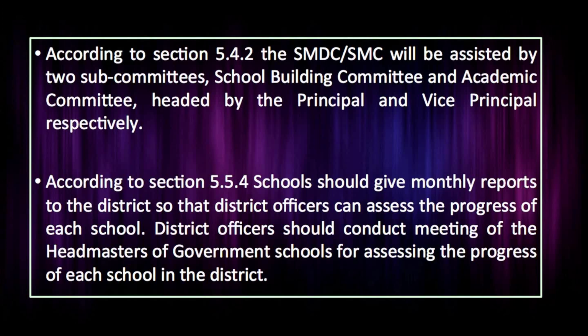According to section 5.5.4, schools should give monthly reports to the district so that district officers can assess the progress of each school. District officers should conduct meetings of the headmasters of government schools for assessing the progress of each school in the district.